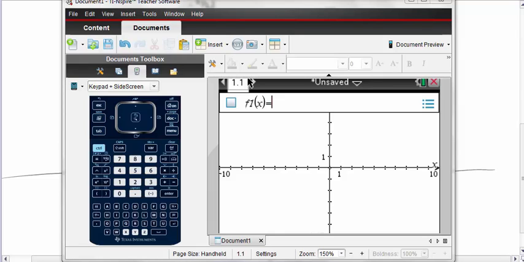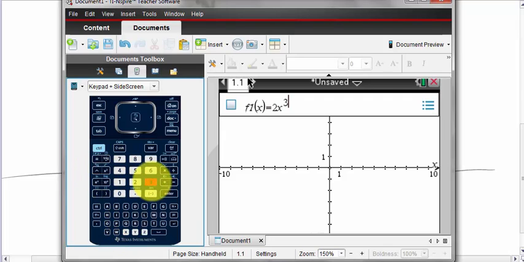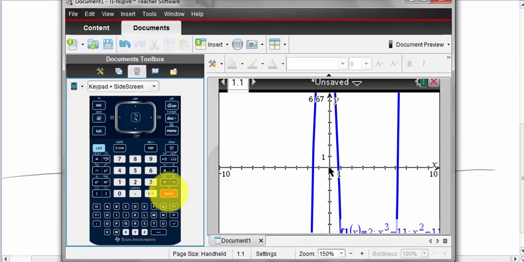So we add a graph page, and I'm going to type in my polynomial: 2x cubed minus 11x squared minus 11x plus 15. There's my graph.